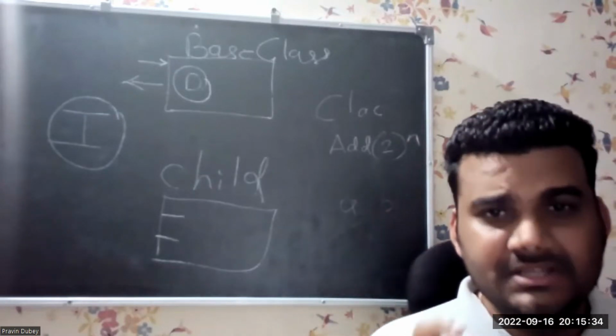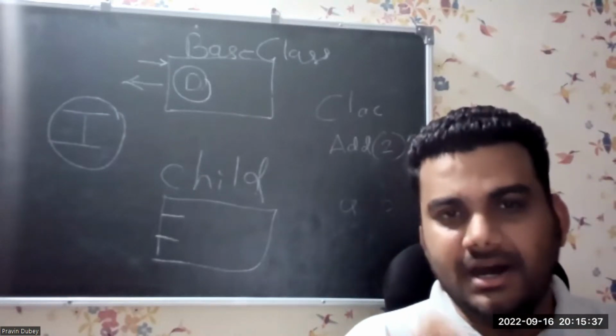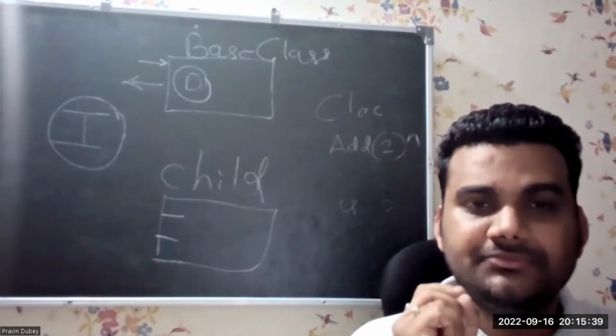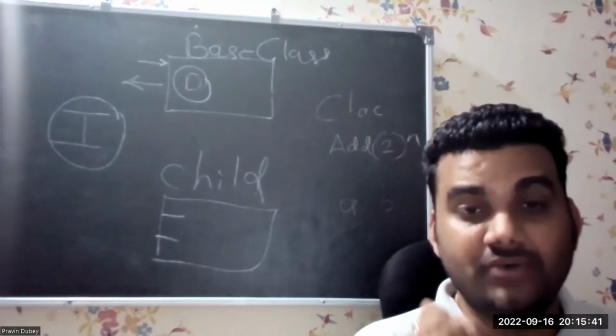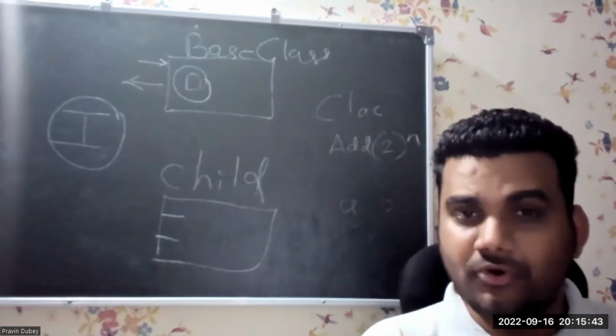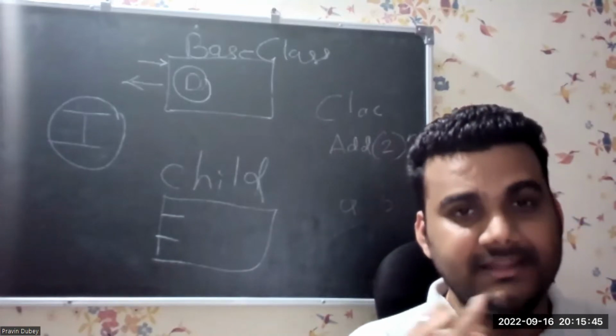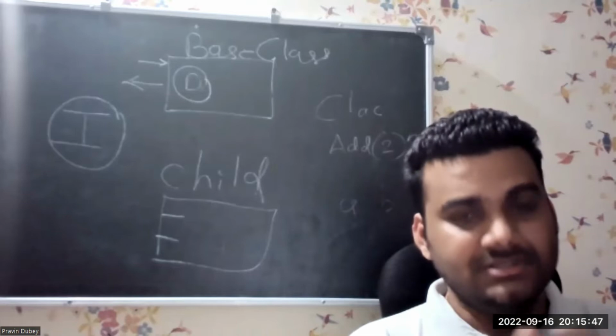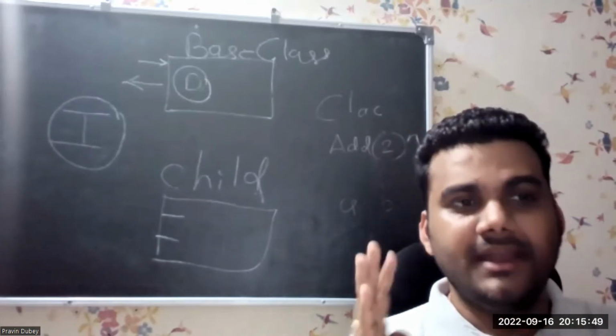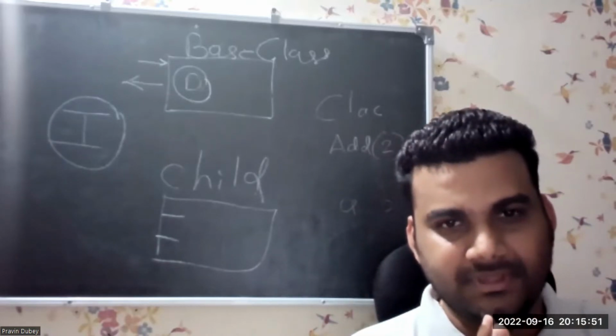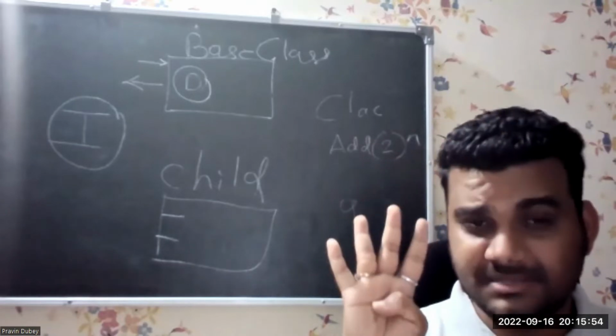Now, in an interview, this is the basic question that will be asked: what are the four main pillars of OOPS? The four main pillars of OOPS are inheritance, abstraction, encapsulation, and polymorphism. These are just the concepts.